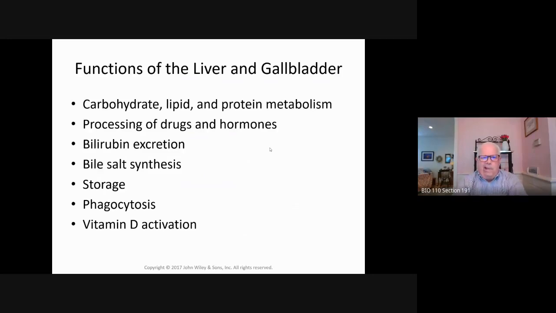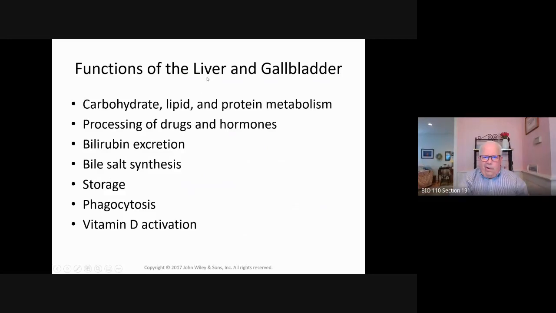It excretes bilirubin. It makes bile salt. Without bile salt, you can't emulsify fats. The gallbladder stores the bile.